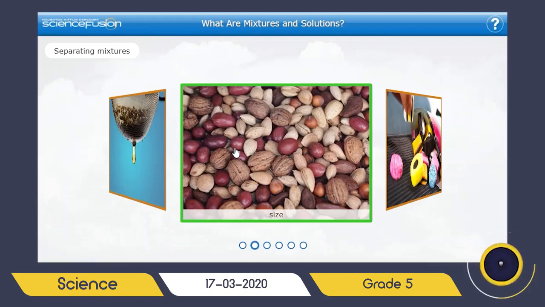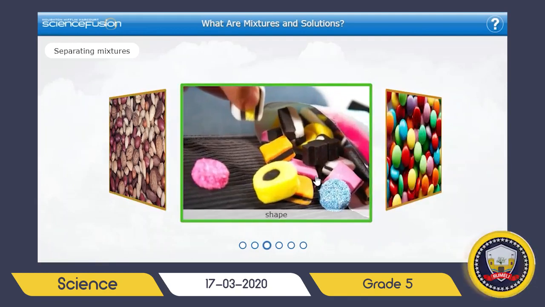So size is also an important property for separating mixtures. What else? We have the shapes of different substances. You can separate the solid parts of a mixture based on the shape of different parts.